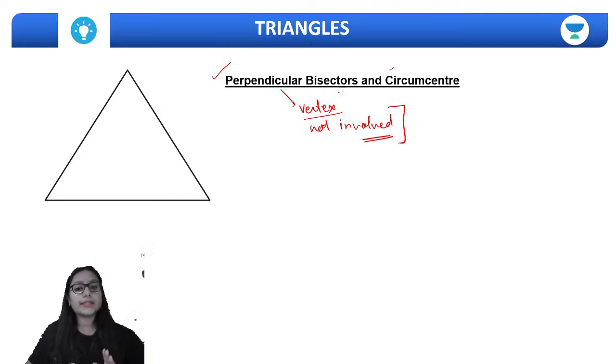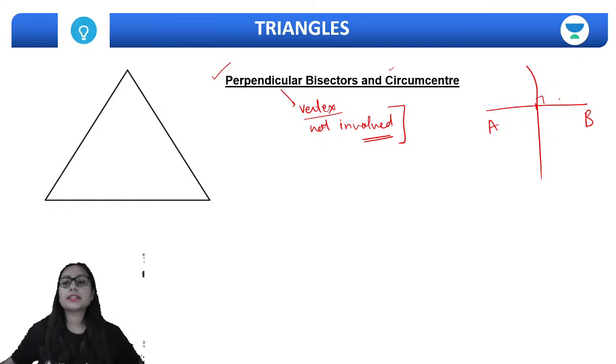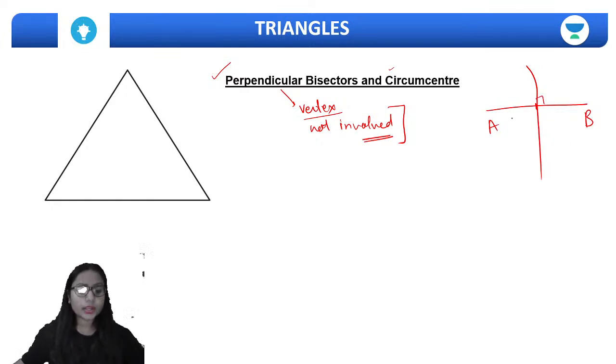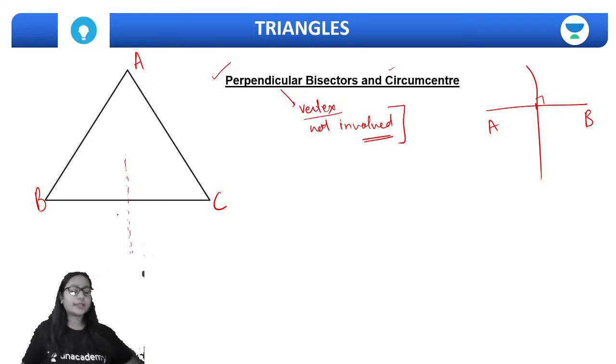So what is a perpendicular bisector? We discussed this in the beginning of the class: if I have this line segment AB and I draw a perpendicular on its midpoint, this is the perpendicular bisector. Let us take this triangle ABC and draw a perpendicular bisector of BC. It is not necessary that the perpendicular bisector will cross the vertex. This dotted line represents the perpendicular bisector of BC.